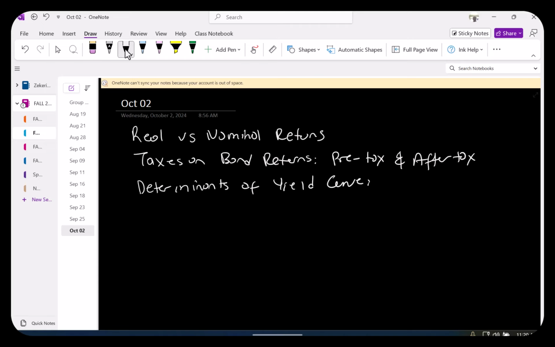For example, 30-year yields are close to 4% these days. On the other hand, 5-year yields are about, what, 3.8. What sort of things affect those structures?